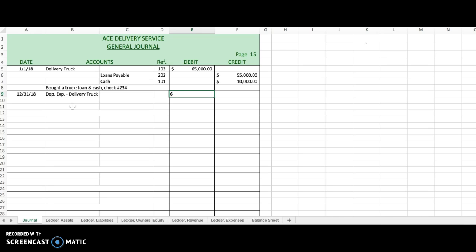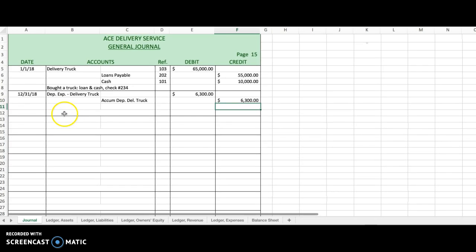And we said that each year it declines in value of $6,300. So this is one of our costs of doing business. This is an expense of the business. The asset declines in value. The credit in this entry is accumulated depreciation delivery truck, and that will be credited. So that's the journal entry.